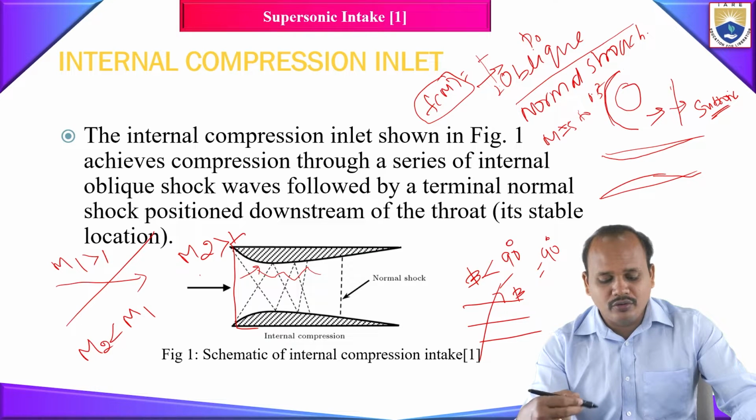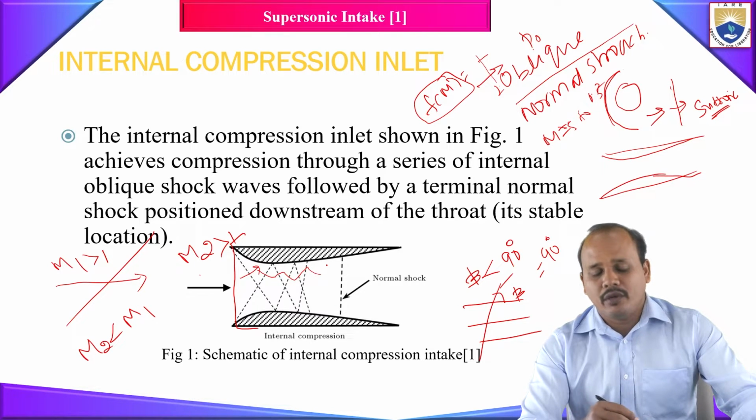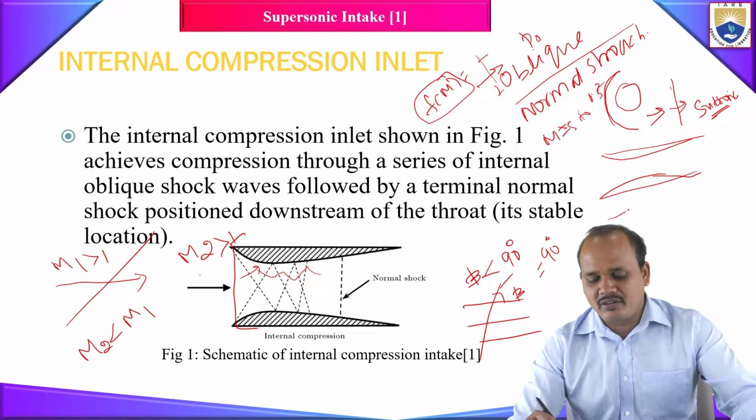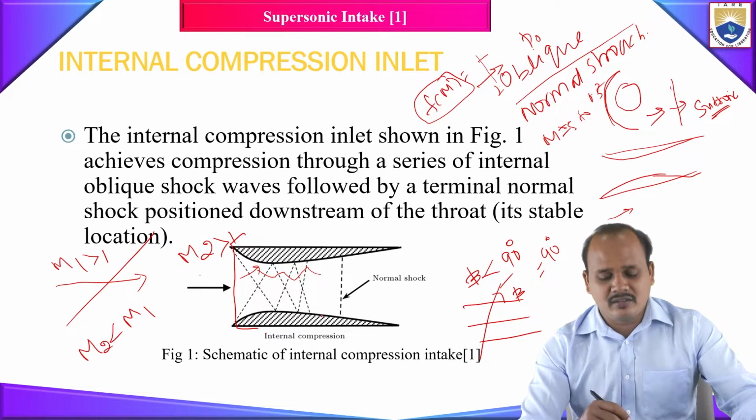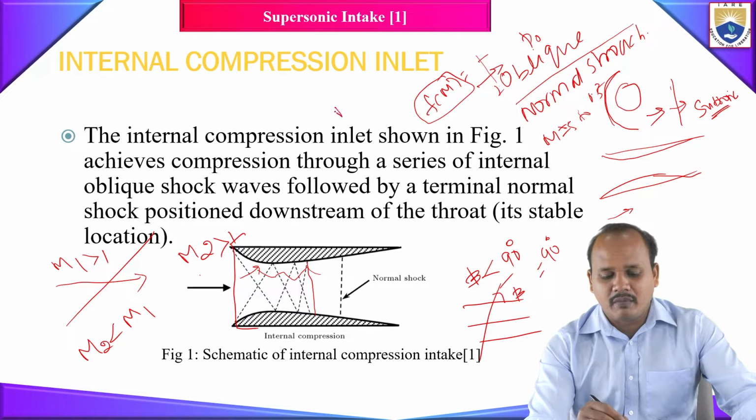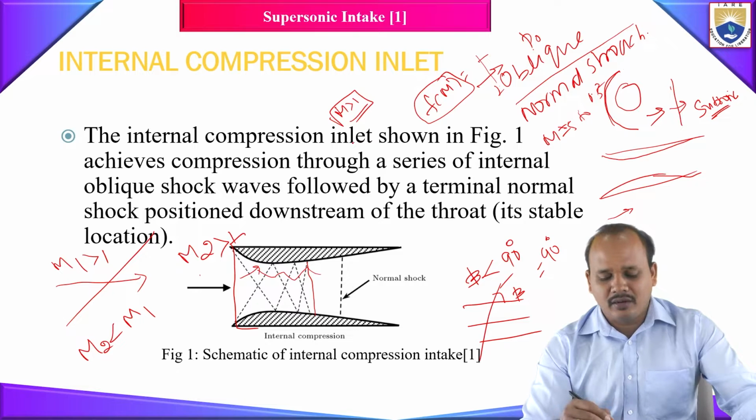So in order to reduce this loss, we first generate a series of oblique shock waves. When the flow crosses this series, it will be decelerated slowly. At the end of the oblique shock waves, we will have the formation of a normal shock wave, at the location where your Mach number is slightly greater than 1, say for example 1.1 or 1.01.